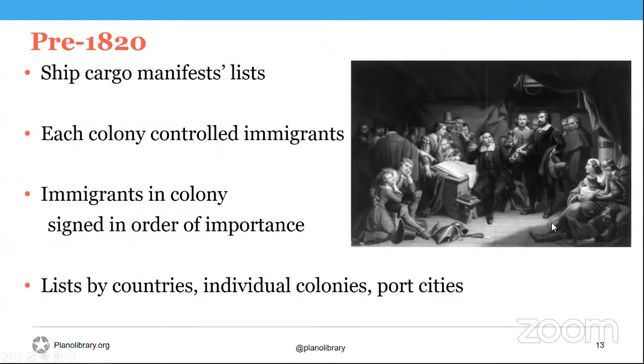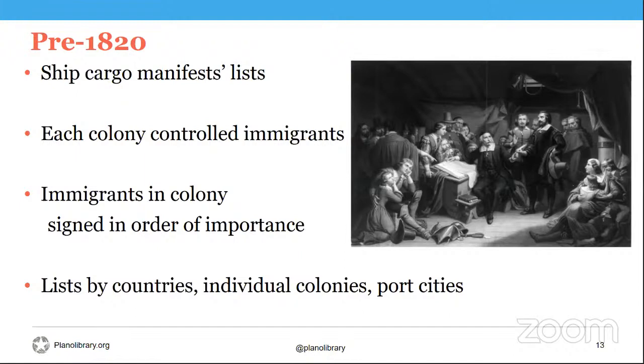So before 1820, there were not any real rules. A list was not always kept. One of my family members came over well before 1820.